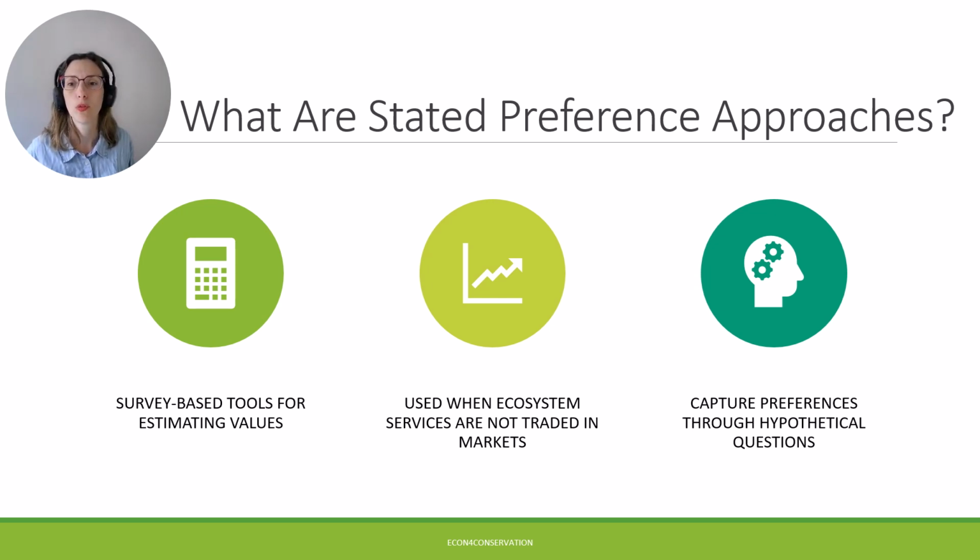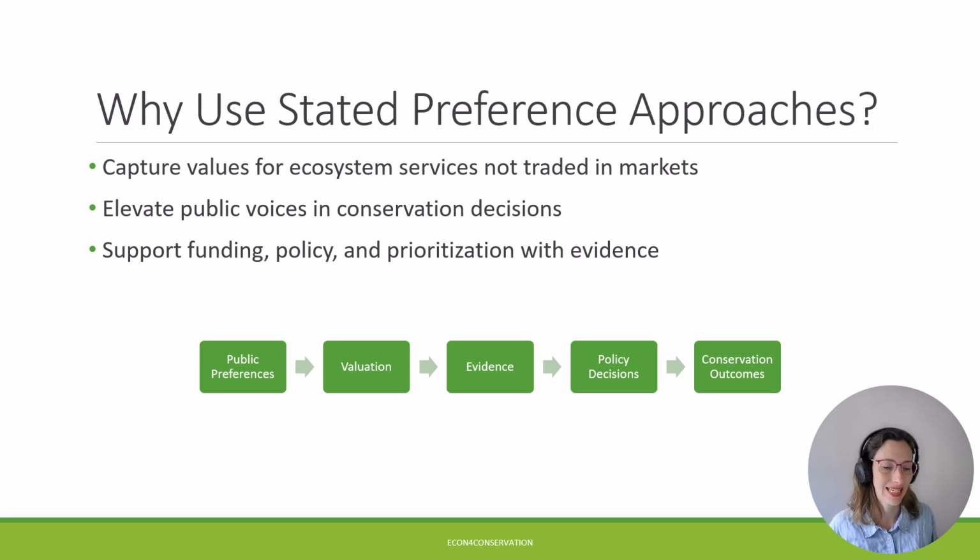Then we move to the core, the hypothetical questions that ask how much people would be willing to pay to conserve nature or to avoid environmental damage. These responses allow us to estimate the monetary value people assign to services such as clean water or the preservation of untouched landscapes.